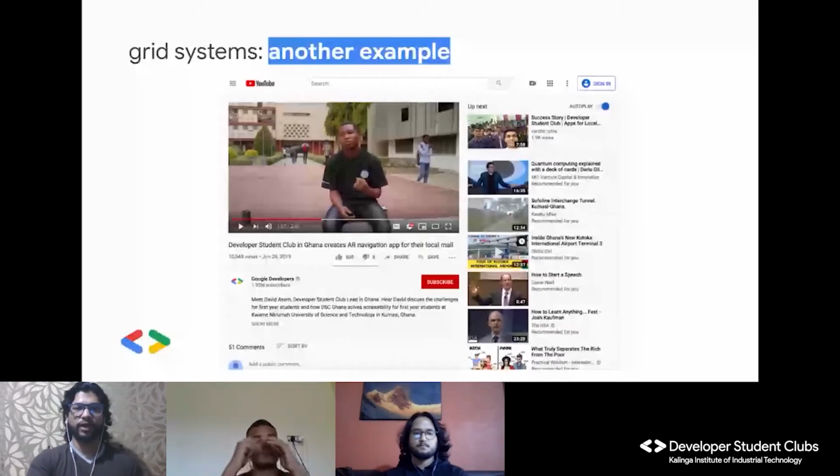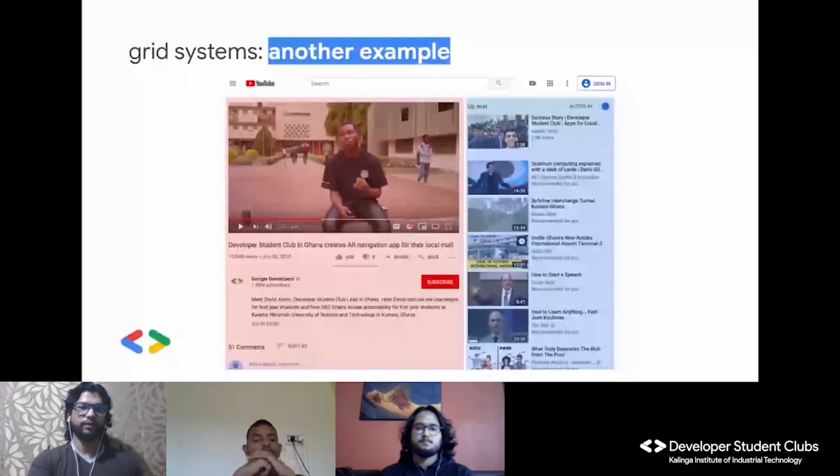On the top left, we have our video, the primary piece of information. Below that, we have the video name, some metadata, the channel name, the subscriber information, and so on. Then we have a clear grid on the right, used to identify what other videos a user might be interested in. The use of a grid here allows our user to view the data on screen in an organized way.